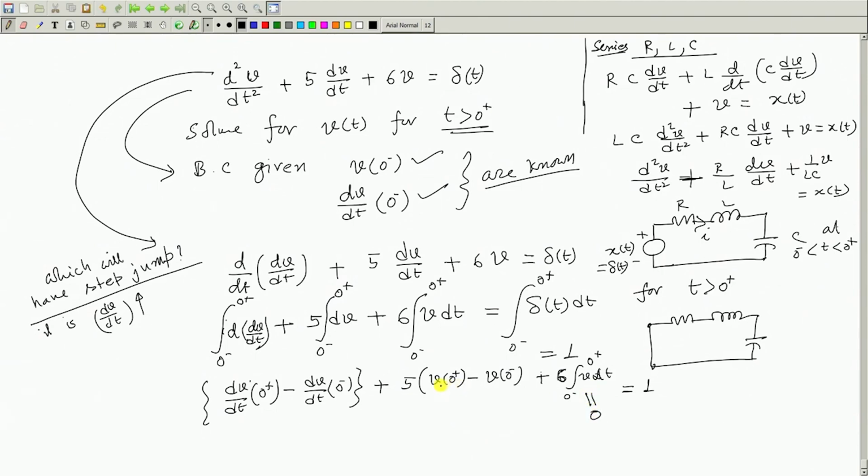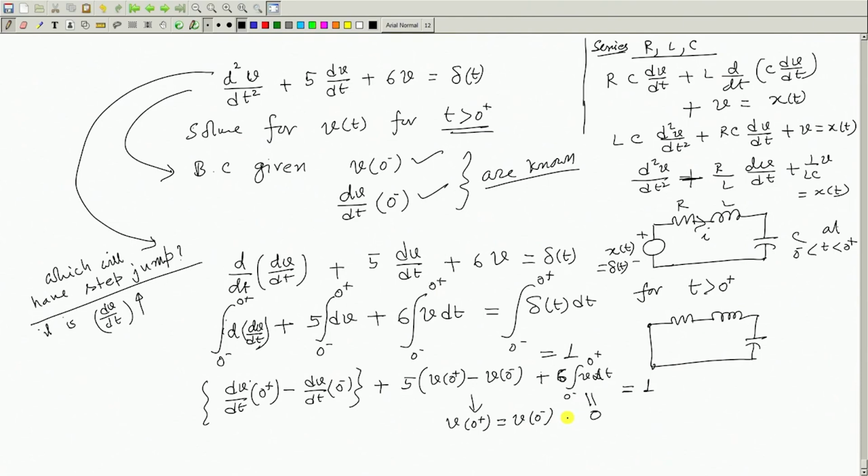V cannot have a step jump, therefore V must be continuous. So, this tells me that V 0 plus must be equal to V 0 minus, since it is not a step jump case.